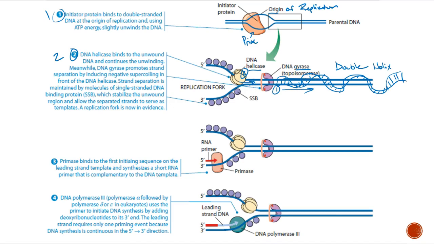The job of DNA helicase is to break the hydrogen bonds. DNA gyrase is going to straighten out the DNA molecule while DNA helicase follows along and breaks the hydrogen bonds.